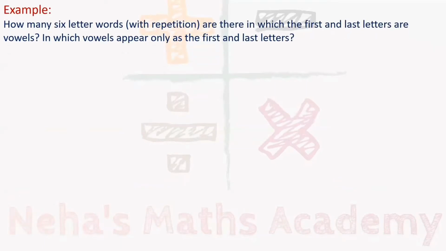How many 6-letter words with repetition are there in which the first and last letters are vowels, in which vowels appear only as the first and last letters? This is the second example. There are 5 vowels in the alphabet: A, E, I, O, U, that you know.